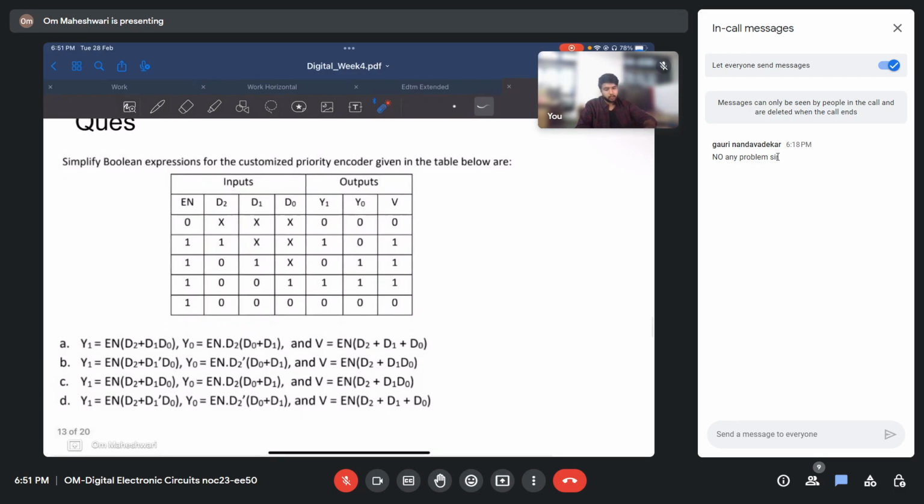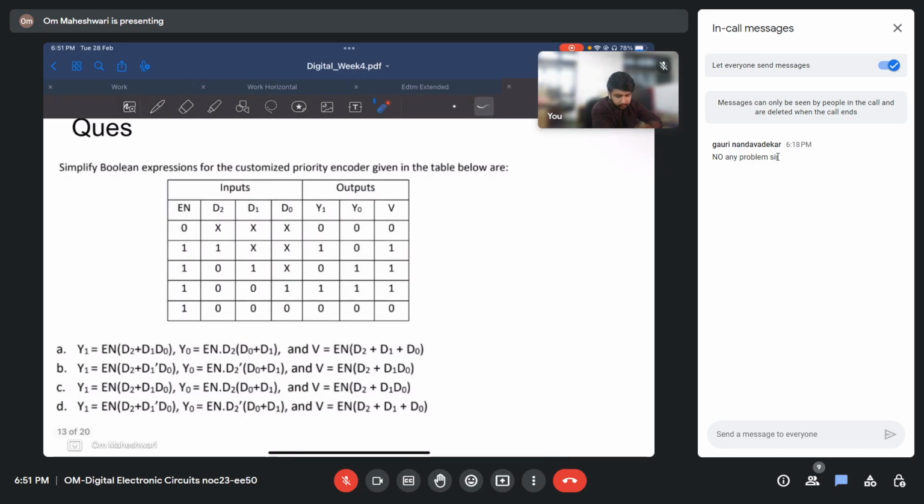So what we have to do this time is simplify the Boolean expression for the customized priority encoder given in the table below. So now we have an encoder. What does an encoder look like?